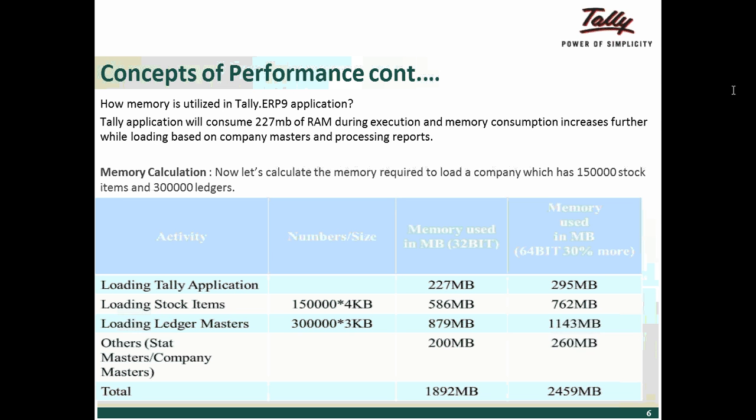Once the application is invoked, if you go for any other report, chances of out of memory will be more, because a 32-bit application will only page till 2 GB. Beyond 2 GB, it gives you the out of memory.